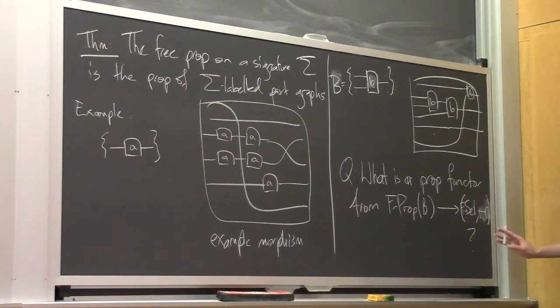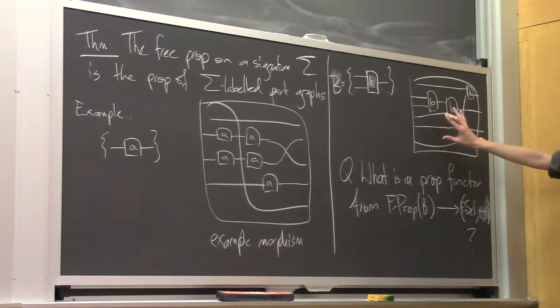But it seems like you get any function from m to n as long as n is smaller, or is that not right? Oh, yes, so morphisms in general in the free prop, you're describing the image, exactly.